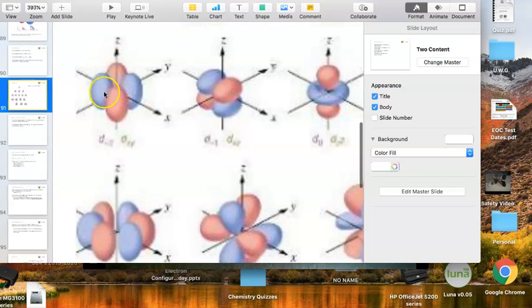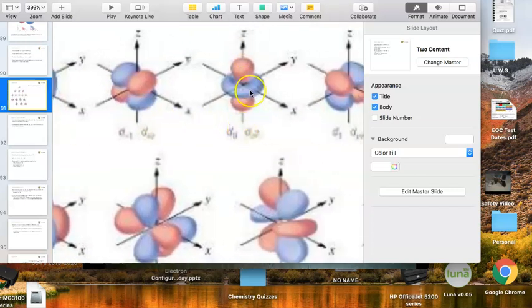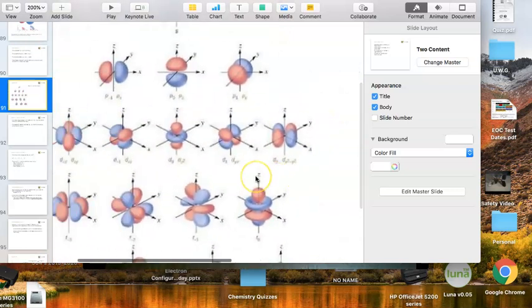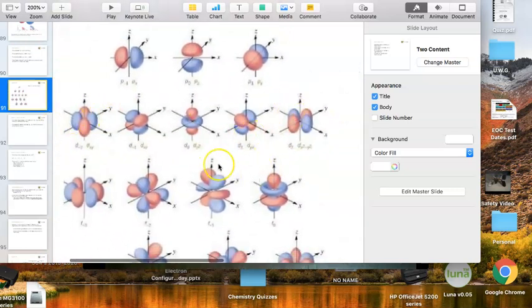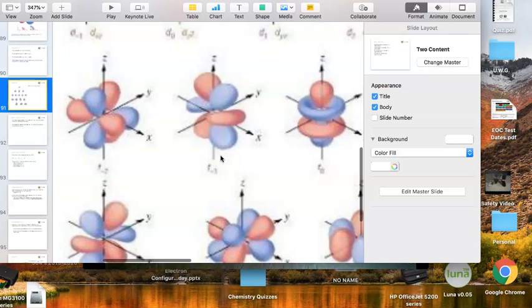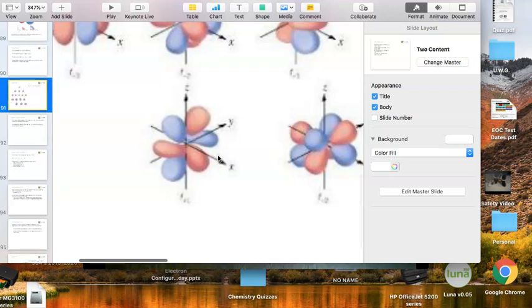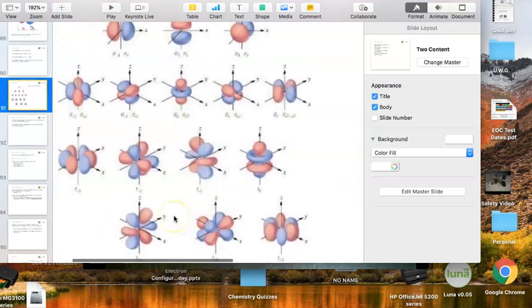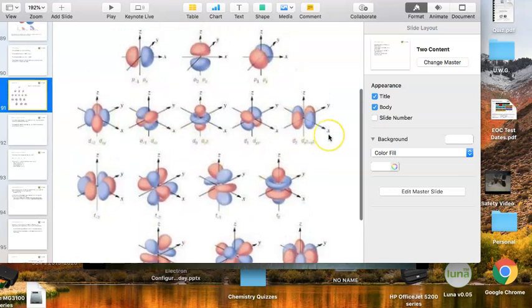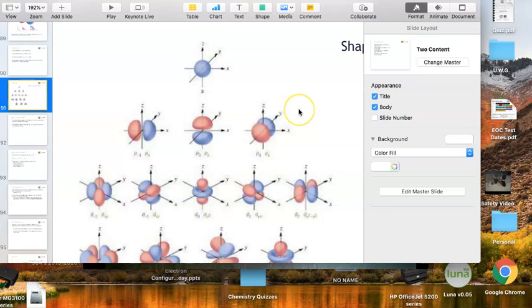So we have these different orbitals in the D subshell; there are 5 different orientations possible. And then for the F, there are 7. The orbitals there look even more interesting. So 7 for F, 5 for D, 3 for P, 1 for S.